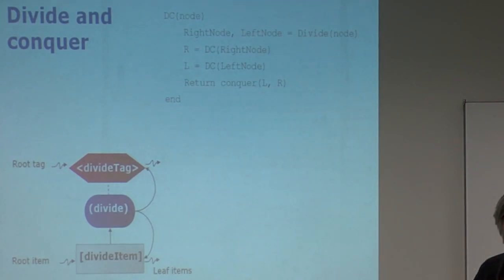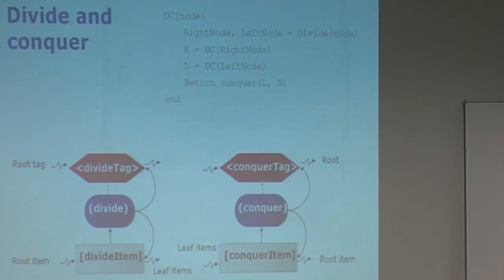And this looks a lot like, if you squint and you don't look at the tag functions, then it looks identical. And in fact, if you look at a conquer part, it again looks identical at this level, but the conquer step is now going to be taking in 2 children and putting out 1.